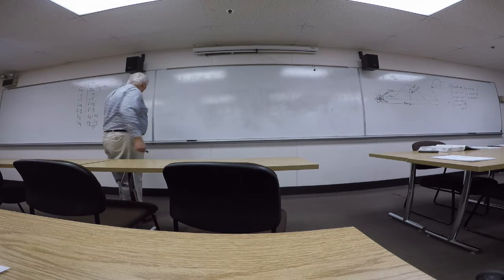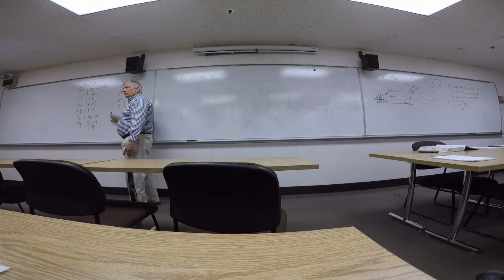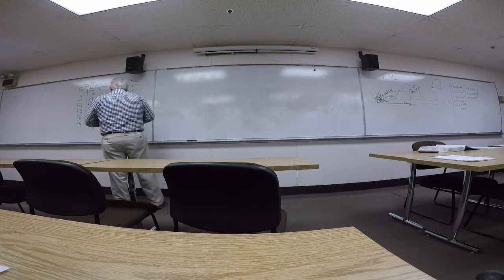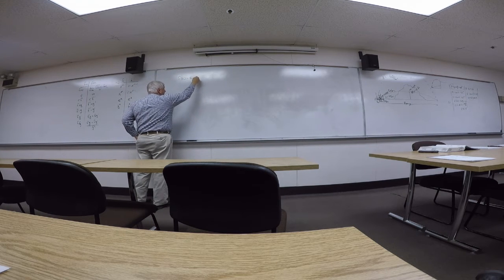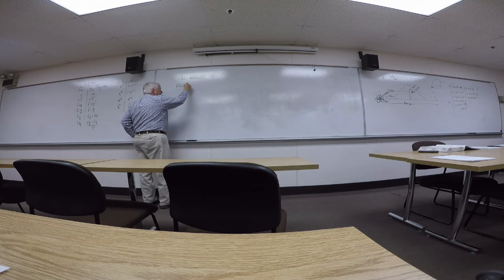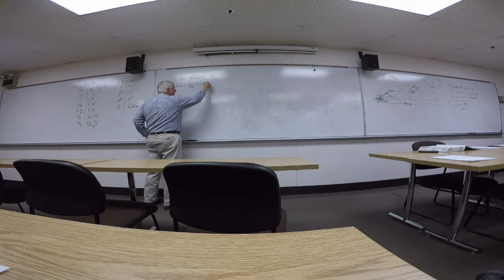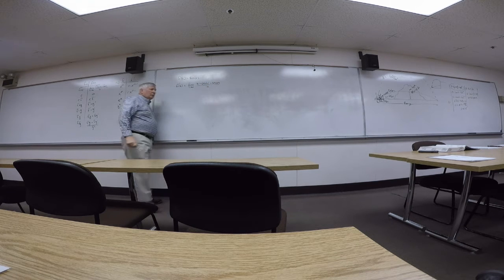And I look over here, and none of these work. So I go back to the definition. So if f of x equals sine of x, then f prime of x is the limit as h approaches 0 of the sine of x plus h minus the sine of x over h, where that limit exists.